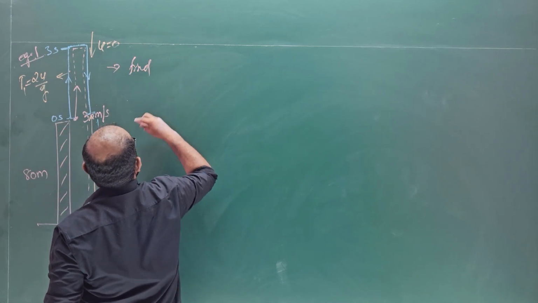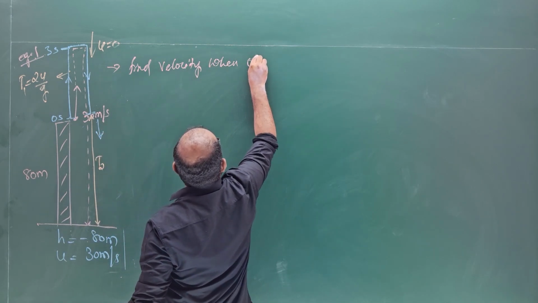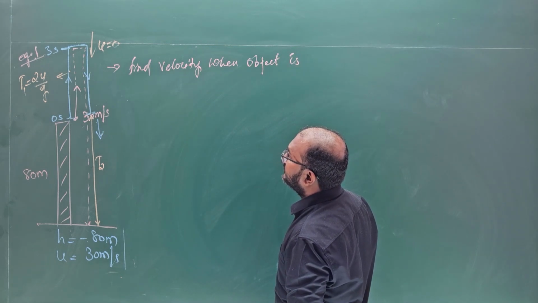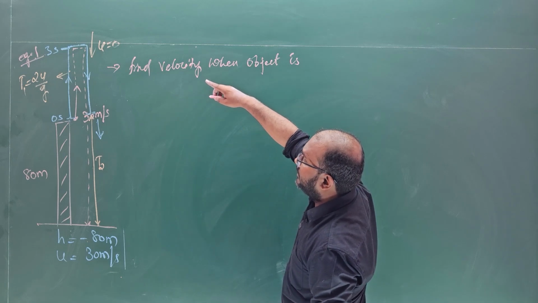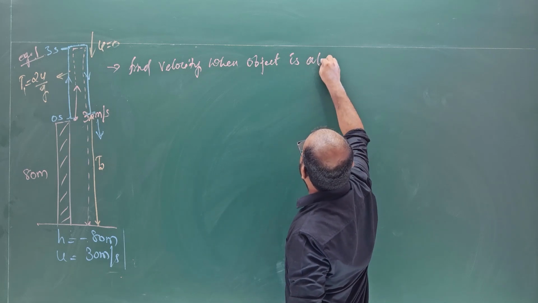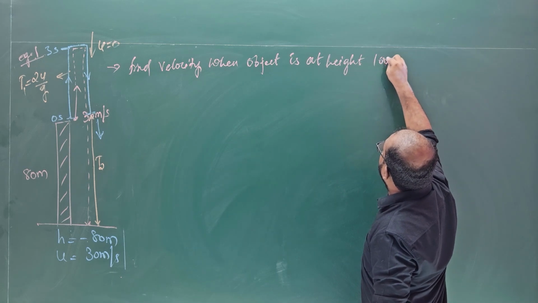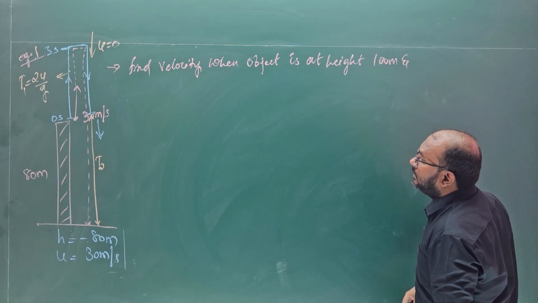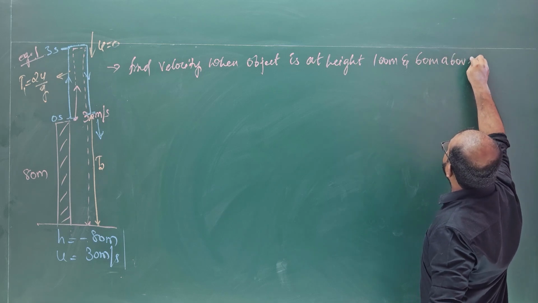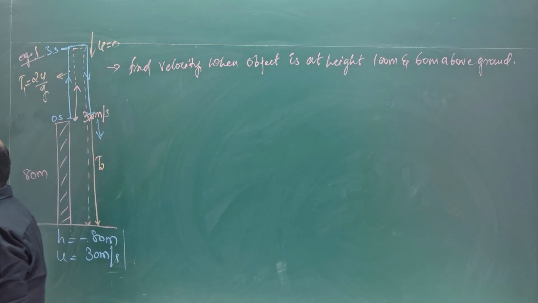Find velocity when object is at height 100 meter and 60 meter above ground. This is 80 and that is 45, so 80 plus 45 is 125. Find the velocity when the object is at 100 meter and 60 meter above the ground.